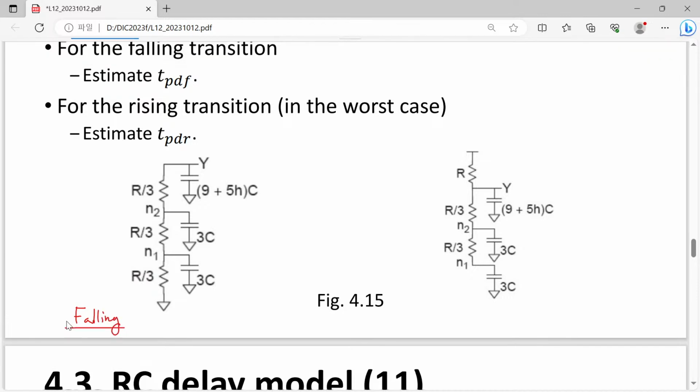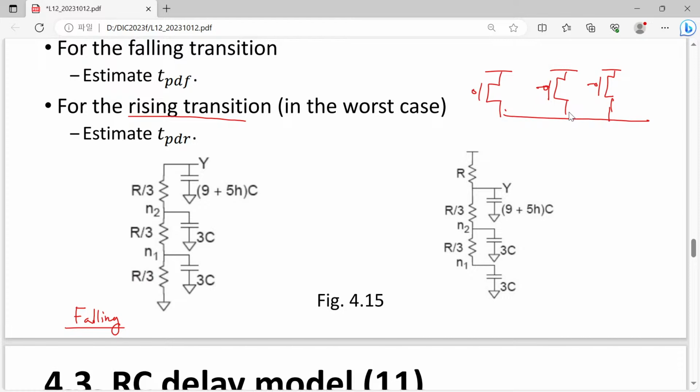How about the rising transition? In the case of a rising transition, here we have 3 P MOSFETs, 1, 2, and 3, and there is our output node Y, and this is the situation we have to consider when we have a rising transition.